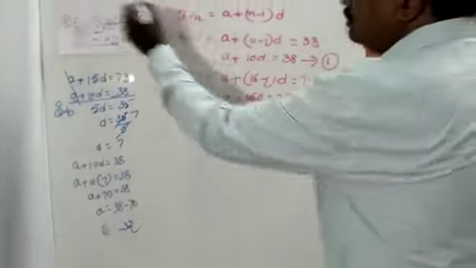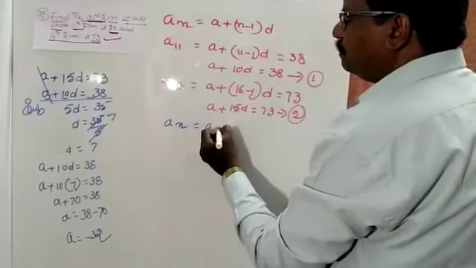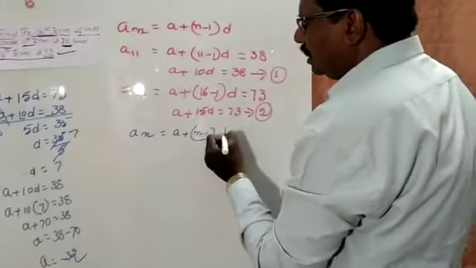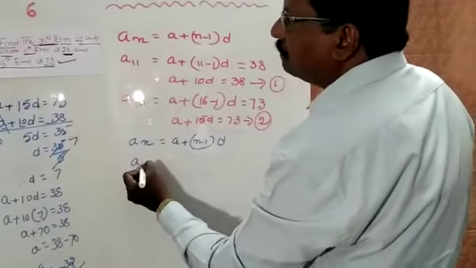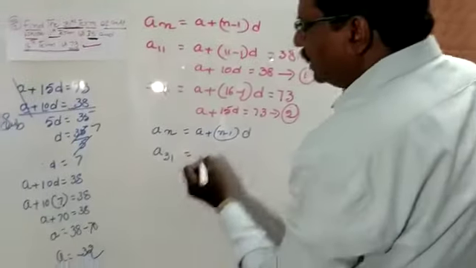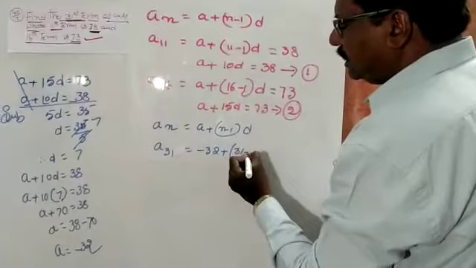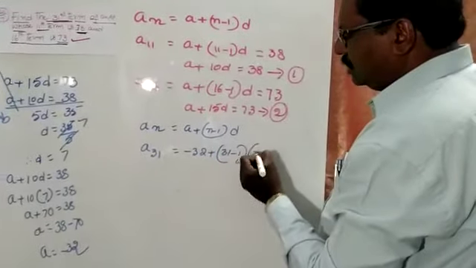Then you will find the 31st term. Again you have to write an is equal to a plus n minus 1 into d. We need the 31st term. a31 is equal to a, which is minus 32, plus 31 minus 1 into d, 7.